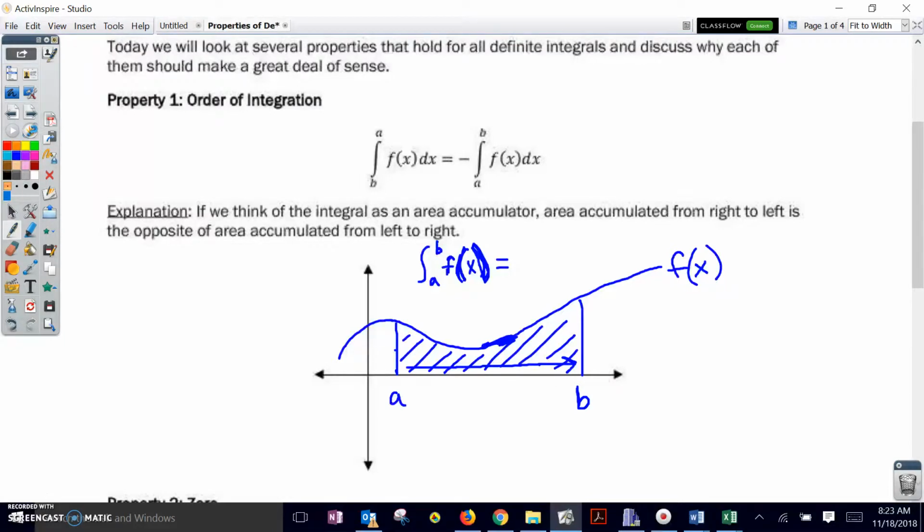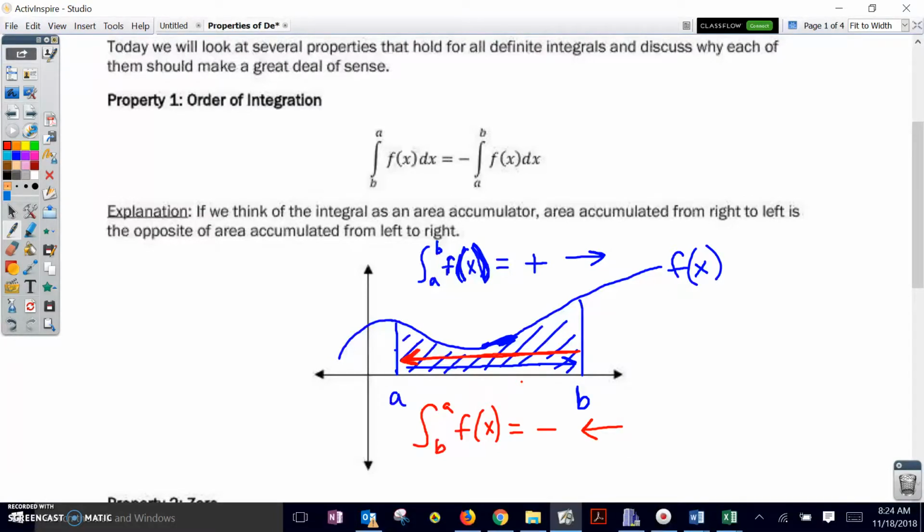And so the integral from a to b is going to be positive, because we're moving from left to right. If I use this same function and instead accumulated the area in this direction, since we're accumulating area from right to left, it is instead going to accumulate that as negative area when we move from right to left.